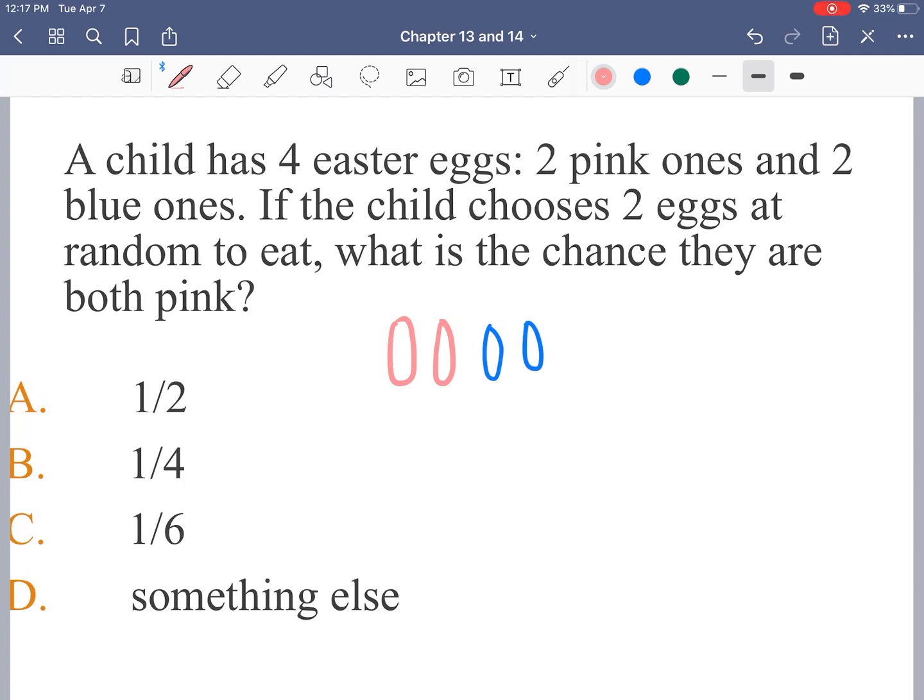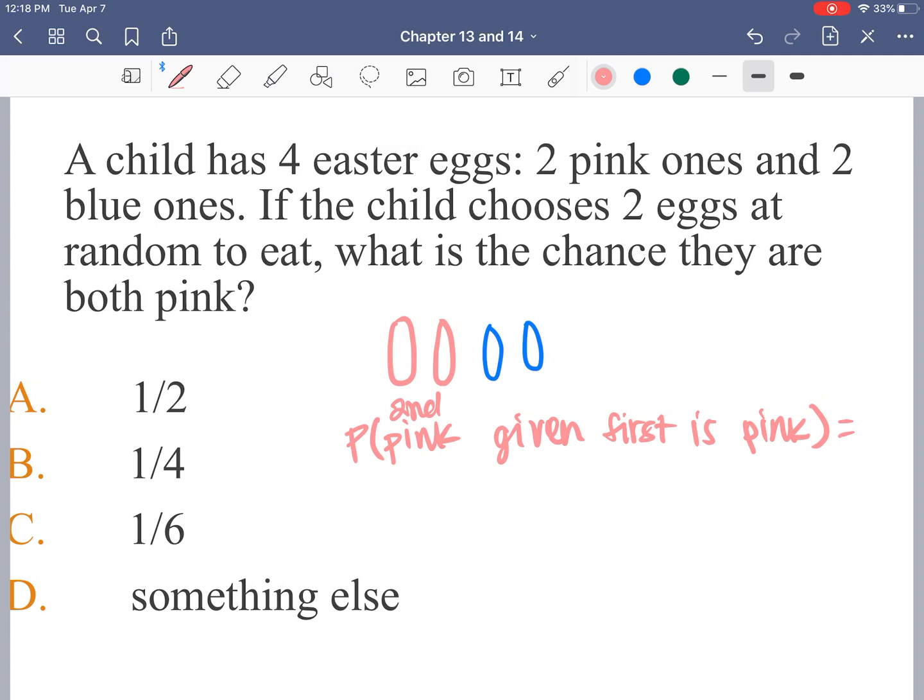You'd have to go through quite a bit of work to figure this out. Actually, let's just think of it this way. Probability of the first being pink and the second being pink given the first is pink. I was going to have us write out all the options, but I think this will be easier.